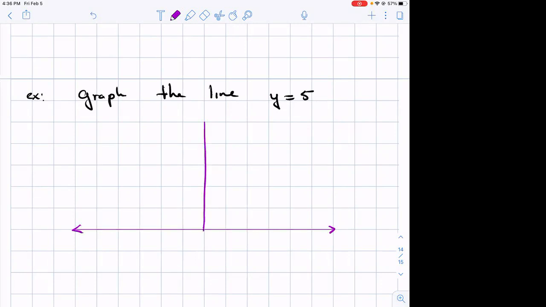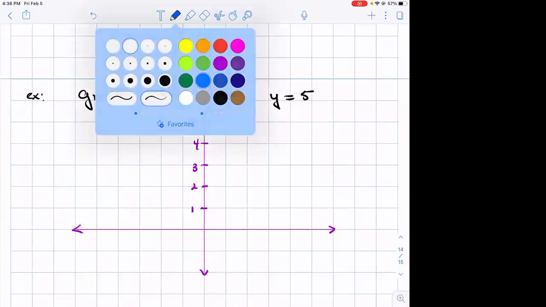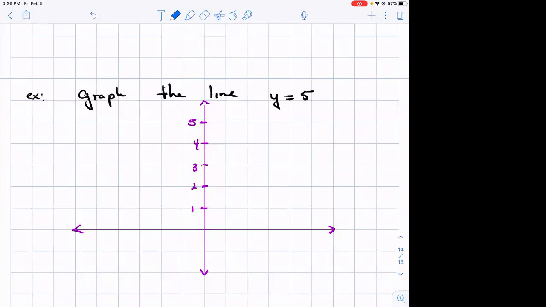But you should understand that because it's in the form y equals, it is a horizontal line. So y equals 5 will be a horizontal line passing through 5.